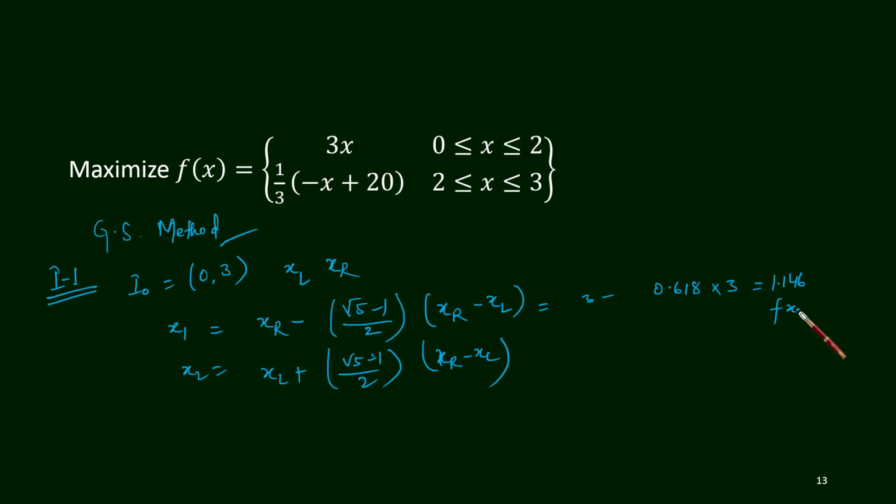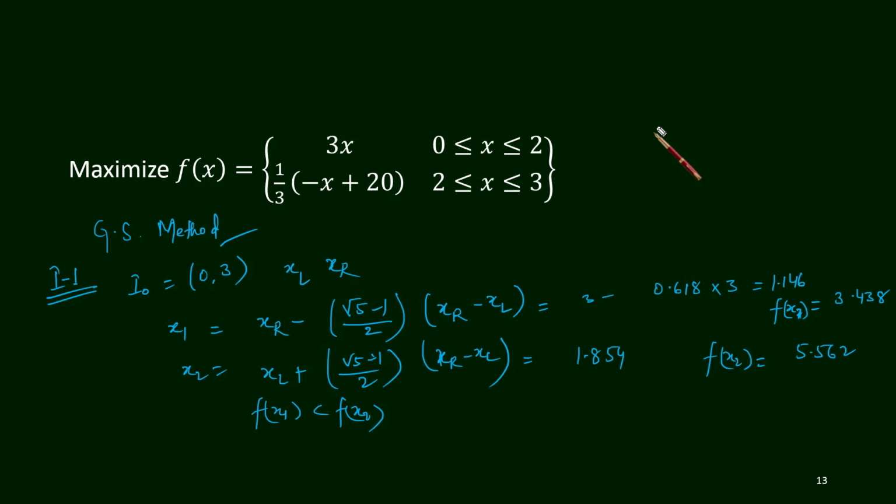So fx1 will come around 3.438. Here xl is 0 plus 0.618 into 3, that is 1.854, and fx2 is 5.562. So here we are getting that fx1 is less than fx2.